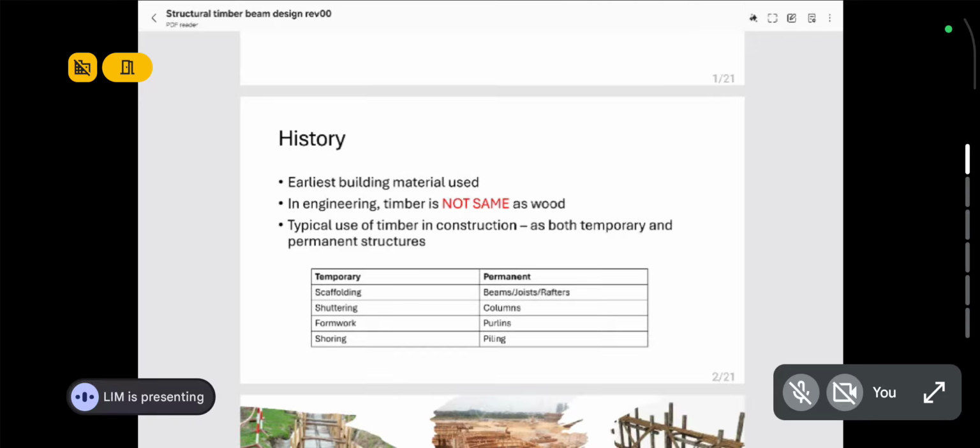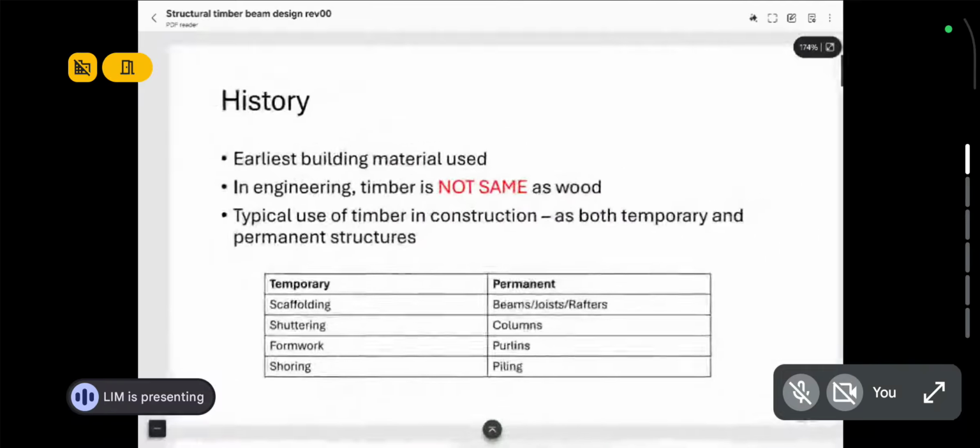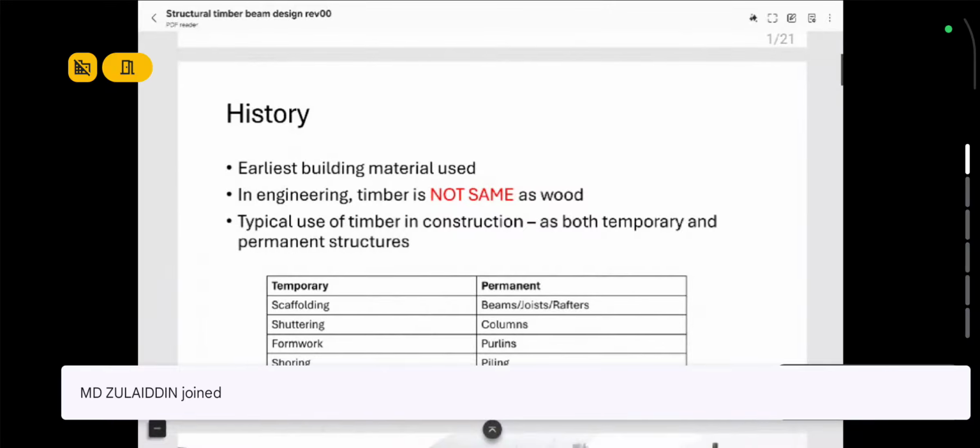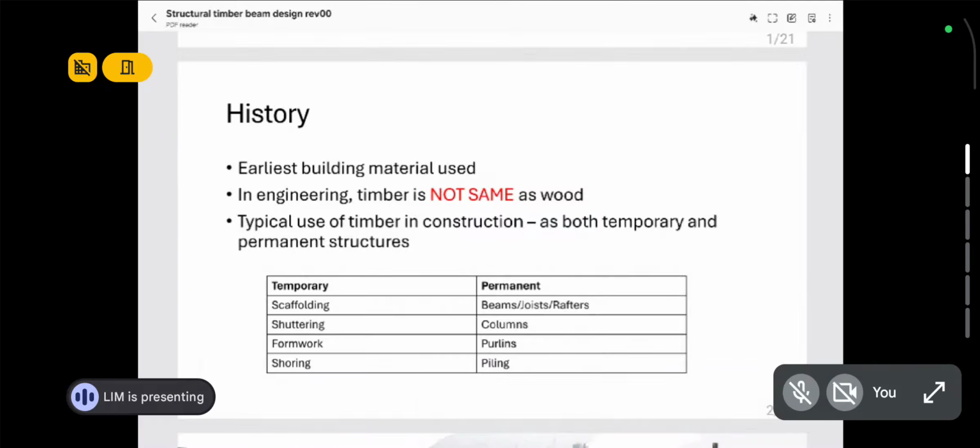Typically, timber in construction can be used for both temporary and permanent structures. For temporary structures, you can use it for scaffolding and shuttering, which is quite common. If you look at formwork for casting concrete, normally they use wood or timber.